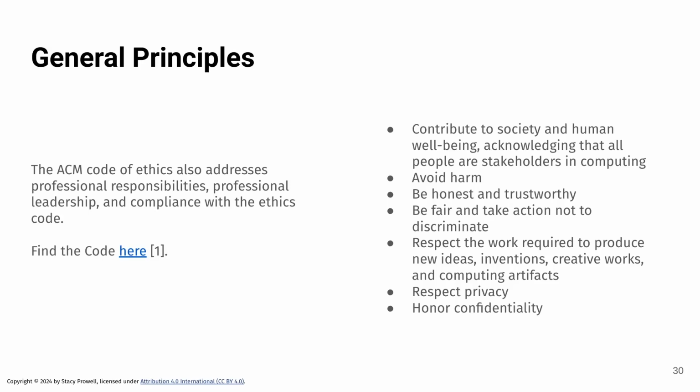And take action not to discriminate. This is a hard concept, I think, to get your head around. Not discriminating often requires positive action because we have systems that have bias built into them. It's not really any dispute about that.